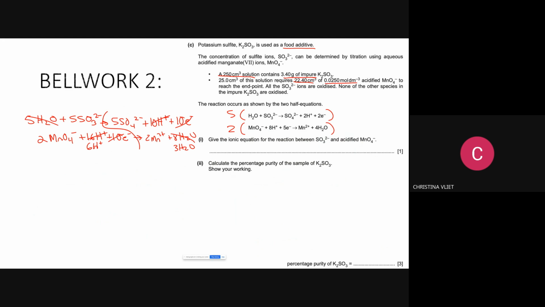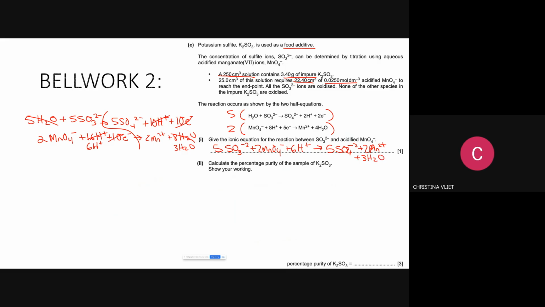So our final answer here would be 5 SO3 2- plus 2 MnO4- plus 6 H+, and on the other side, we get 5 SO4 2- plus 2 Mn2+ plus 3 H2O.